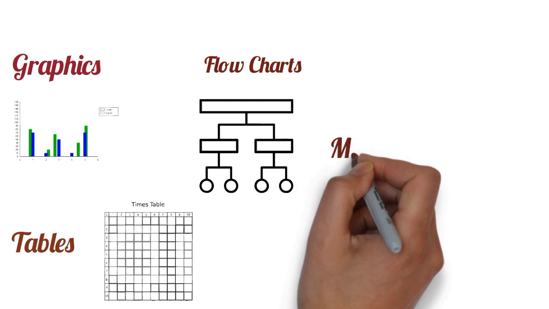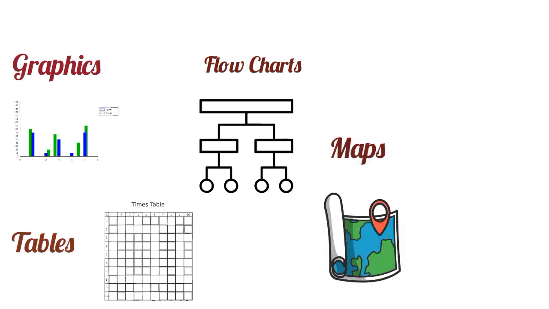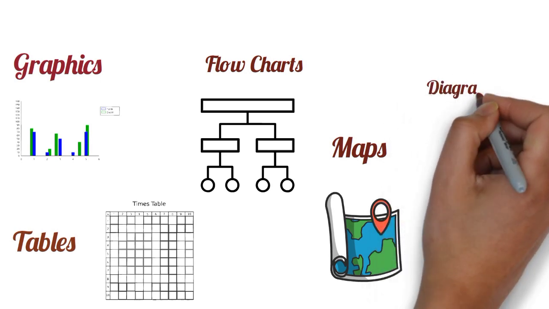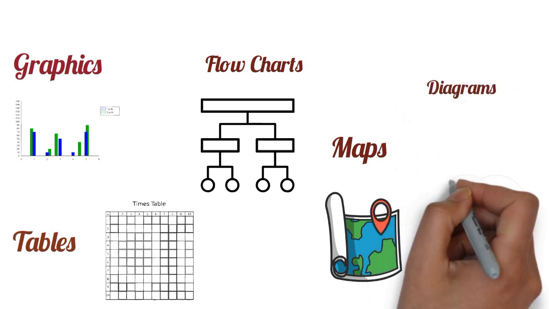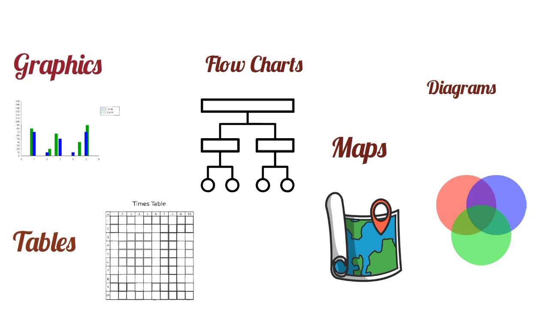Maps, particularly useful in ecological and geographical studies. Diagrams, to represent complex biological structures or processes. Proper organization of data makes it easier for scientists to analyze, interpret, and draw conclusions from their experiments.